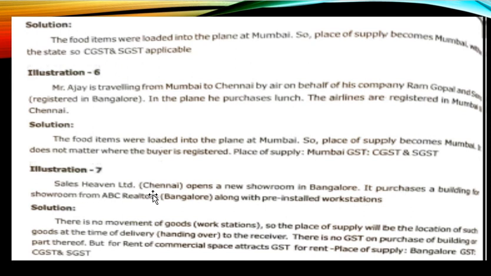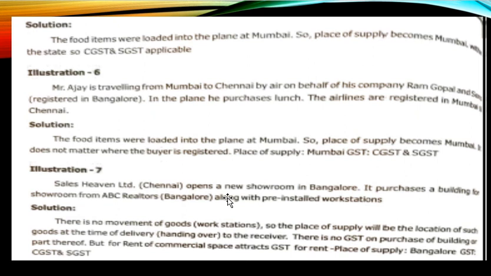Because Sales Haven Limited, Chennai, opens a new showroom in Bangalore and purchases a building for the showroom from ABC Realtors, which is located in Bangalore, and the person selling the building is also in Bangalore, it is within the state, so it is intrastate.